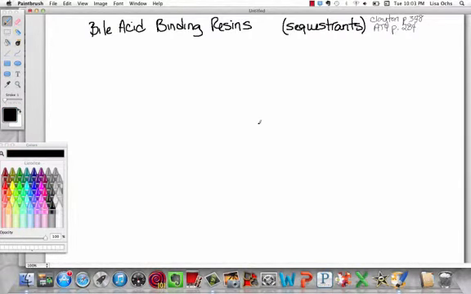So I just updated my picture here. The first one we're going to talk about is bile acid binding resins. Sometimes they're called sequestrants. Basically what these do is they form a non-absorbable complex with bile acids.